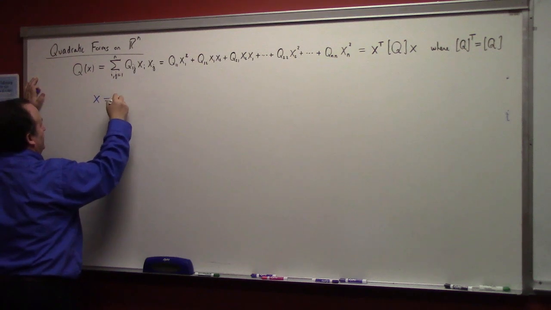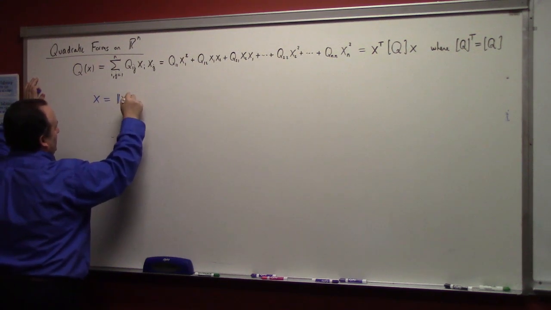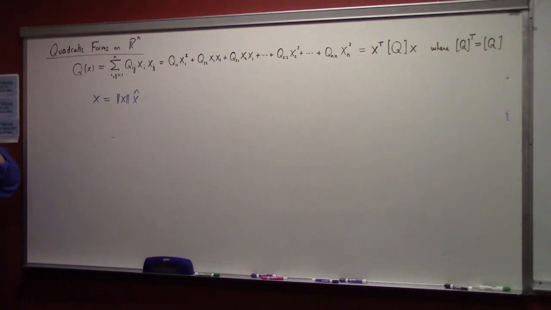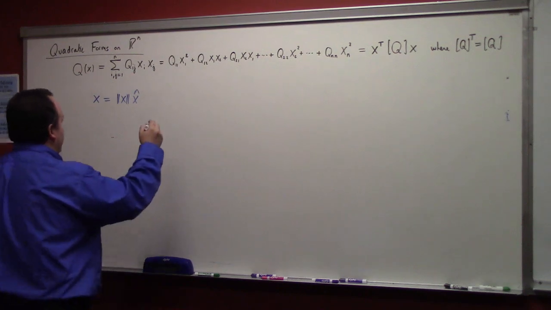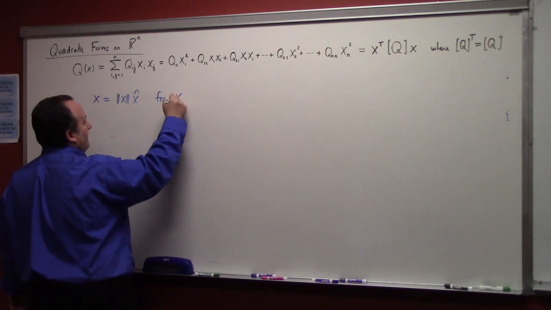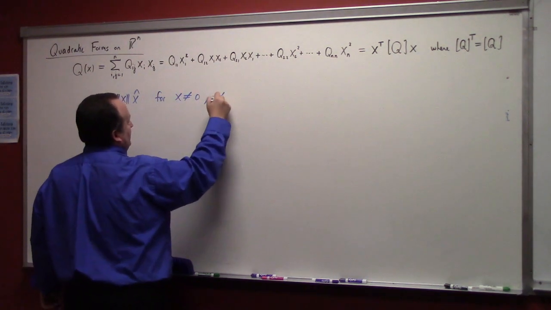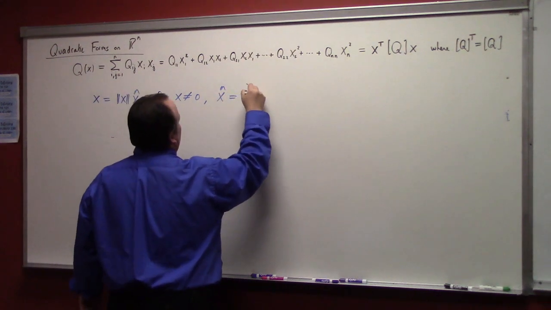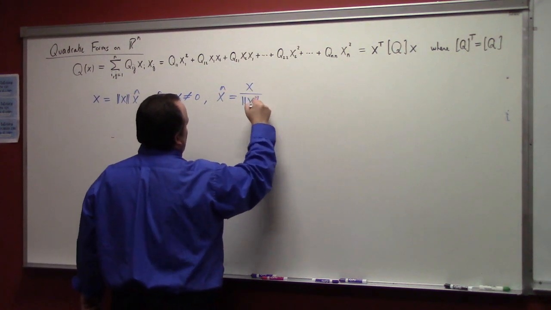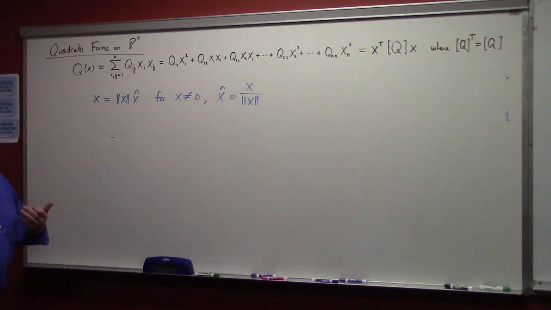x is equal to the norm of x times x hat, where x hat is the unit vector in the direction. So for x not equal to 0, we can define x hat to be x over the norm of x. So it's almost a tautology, except that that's good notation. You can calculate the length of x hat, and what do you get?